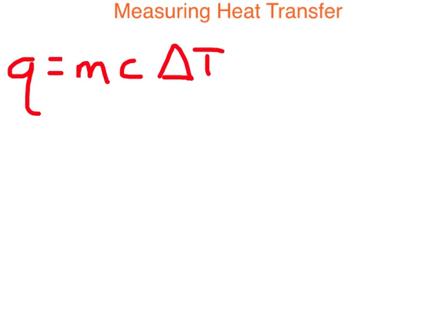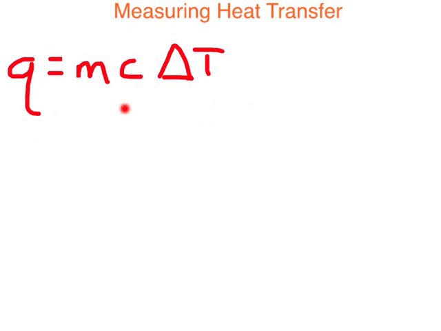Well, Q, just to refresh our memory, is the amount of heat, and it's equal to the mass of a particular substance times its specific heat capacity, which is different depending on the substance, multiplied by the temperature change of that particular substance. Now, this equation is not used to calculate heat transfers in chemical reactions.